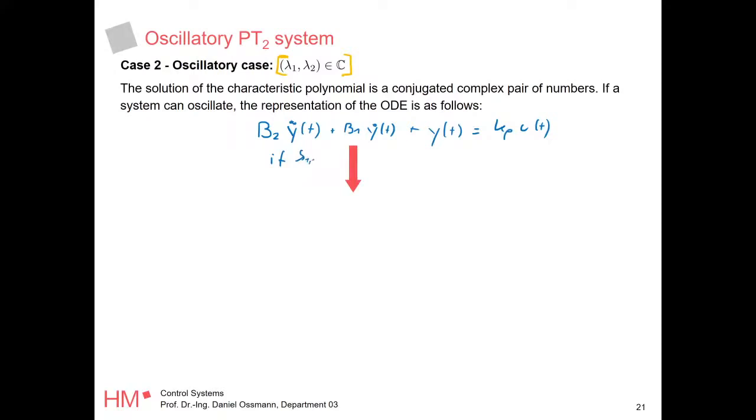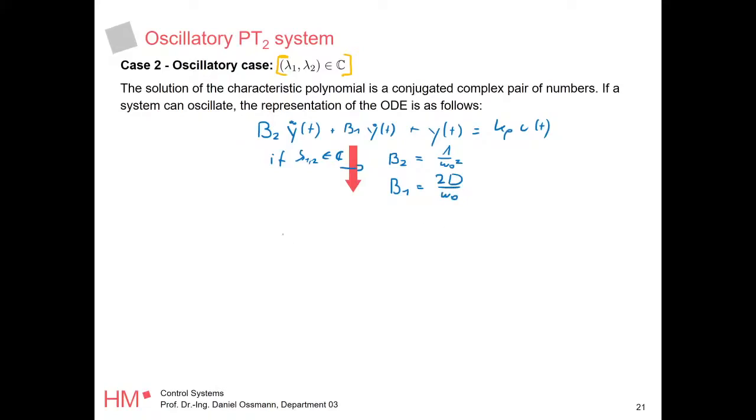If lambda 1 and 2 are complex, right? Then we will rewrite, and we're not going to use b1 and b2 because we don't like this, because they don't tell us very much. Instead of b2, we're going to write the negative inverse of the eigenfrequency squared. And instead of b1, we're going to write 2 times a damping coefficient d over omega 0.